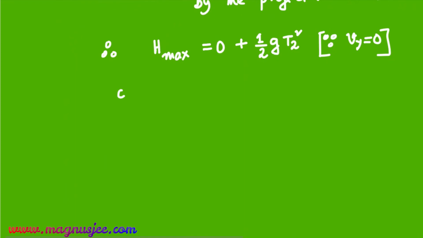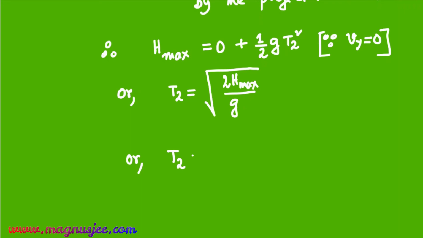T2 equal root over 2 h max divided by g, small g. Or, T2 equal root over 2 by g dot h max.